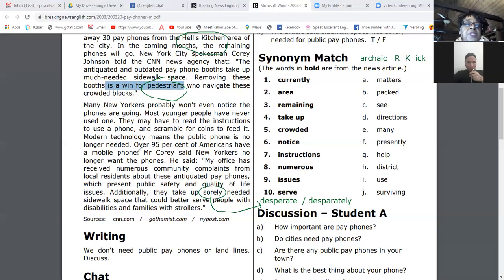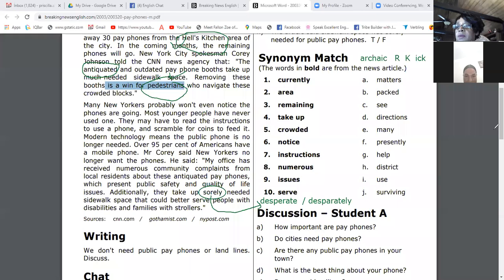I want you to tell me about this article in maybe 15 seconds and be sure to use Hell's Kitchen, pedestrians, and antiquated. Well, the text is talking about the... Can I see the title again? Yes, phone booths in New York City being removed.